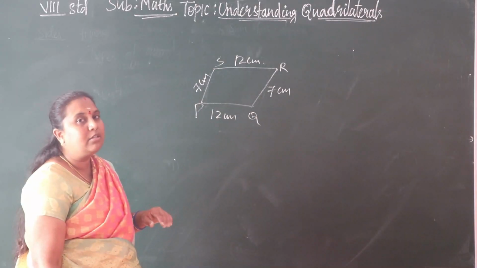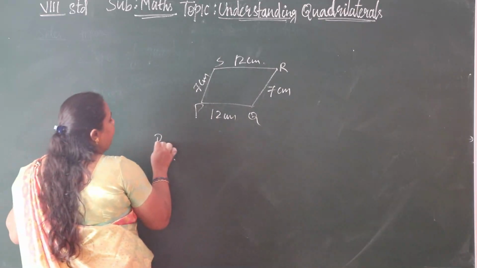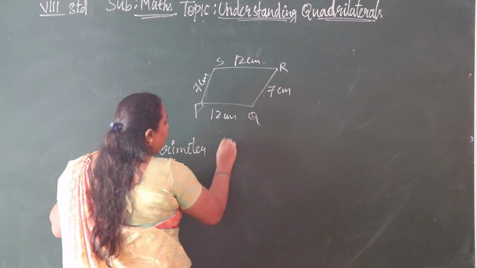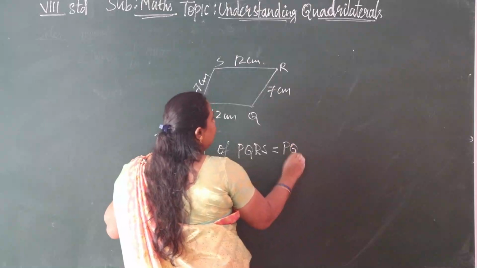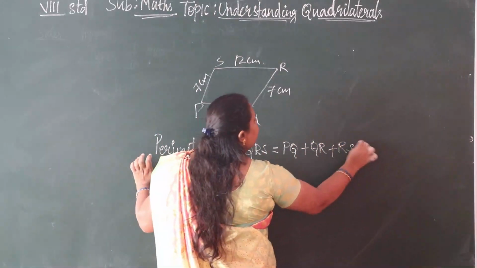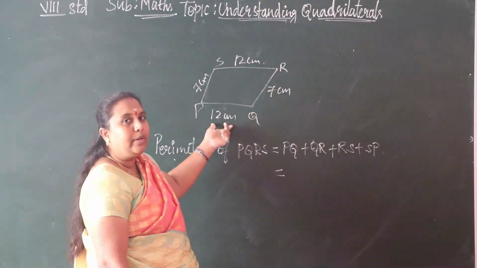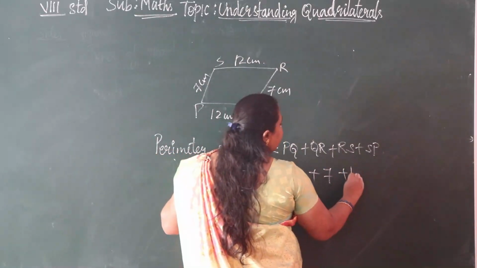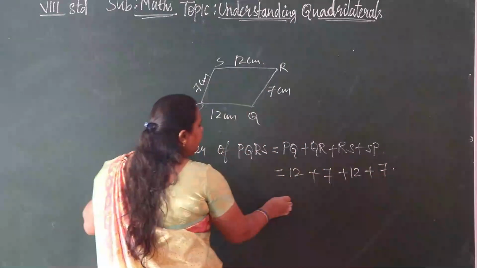So we have to write the perimeter of this PQRS. How to find it? Sum of all the sides of the figure. Perimeter of PQRS equals PQ plus QR plus RS plus SP. PQ equals 12 centimeter plus QR equals 7 plus RS equals 12 plus SP equals 7 centimeter.